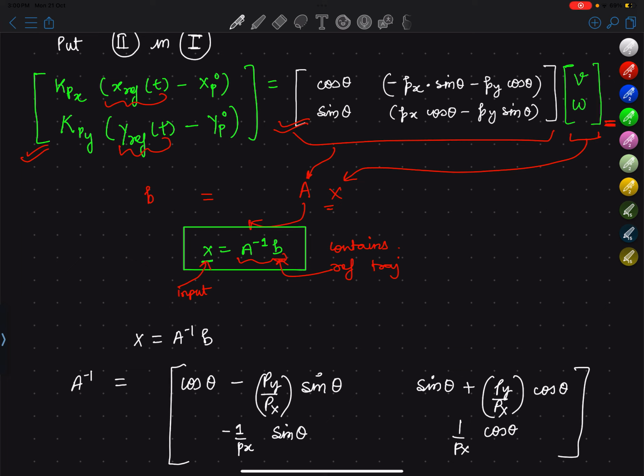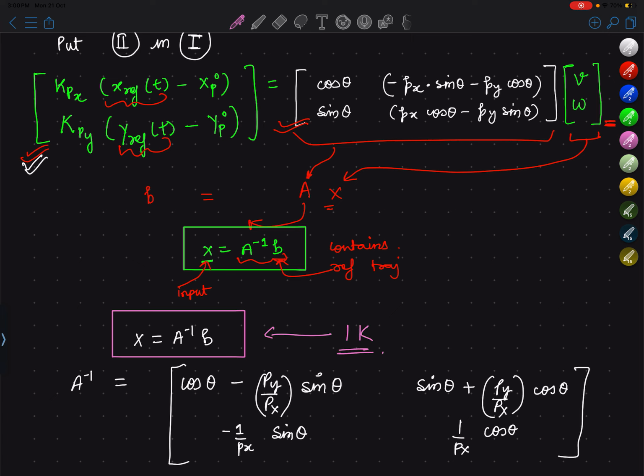So this is A inverse. If you multiply this with this vector b, then you'll get the input v and omega, which if you put in the robot, point P will traverse the desired trajectory xref and yref. Okay, so this is the inverse kinematics. Basically this equation here is the IK.